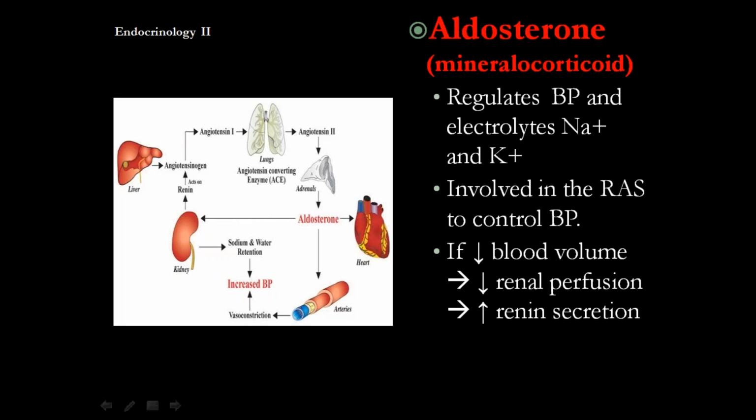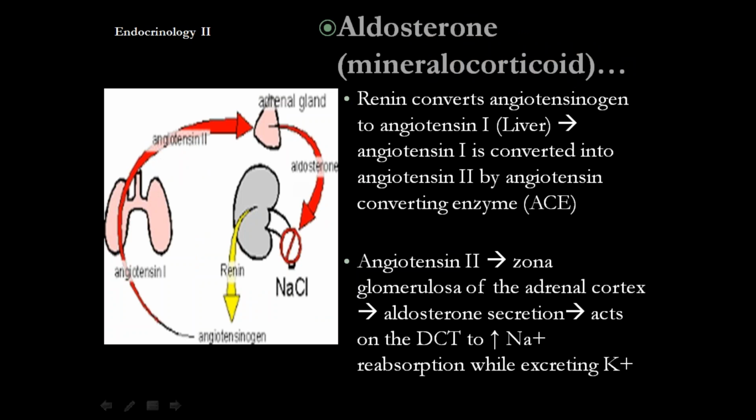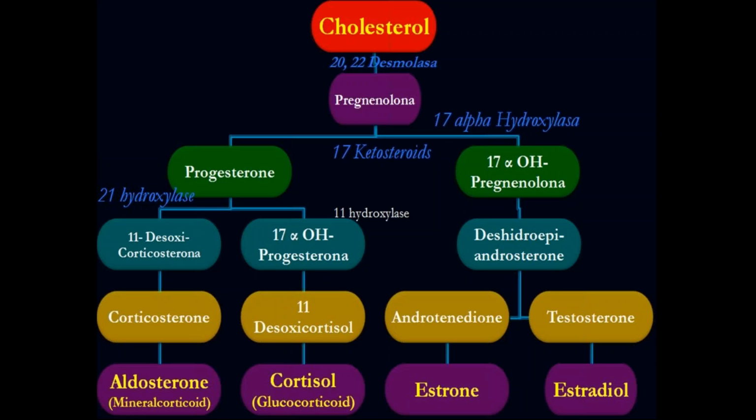Then the pathway continues: angiotensin 2 goes to the adrenal gland, and it is going to produce aldosterone. So this aldosterone indirectly is going to affect the heart. Why? Because of the adrenocorticotropin factor that we talked about in the previous lectures.